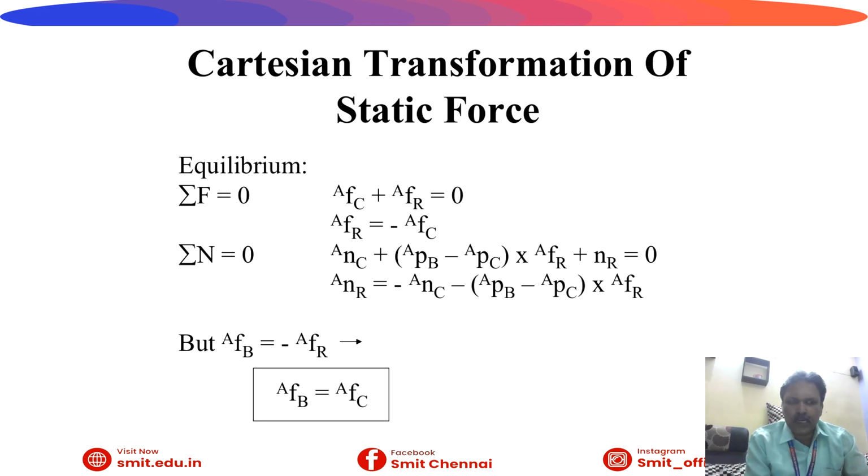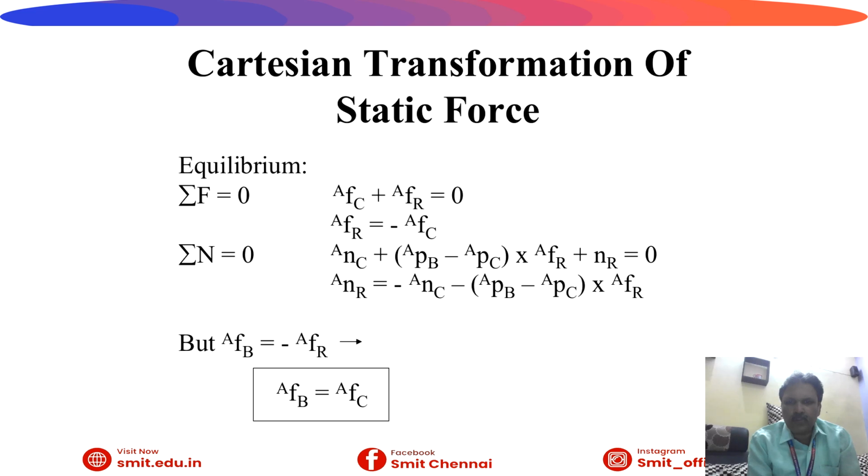For the equilibrium condition, you might already have covered this concept in engineering mechanics. Under equilibrium, the summation of forces is equal to 0 and the summation of moments is equal to 0.